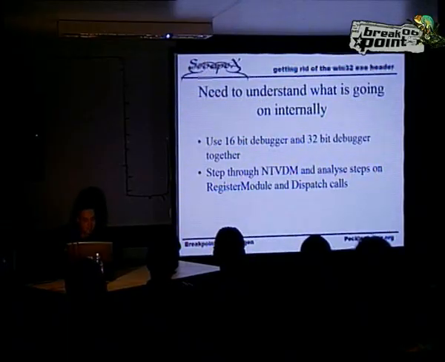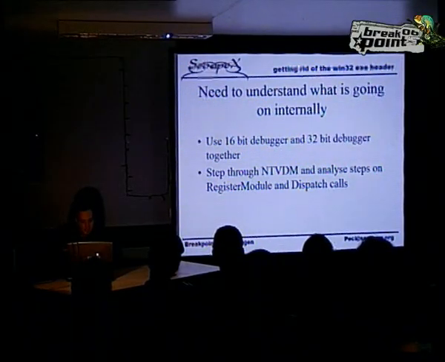But I didn't give up, and I started to dig even deeper into the NTVDM, debugged those calls, and really analyzed what the code did. As I said, here I had to use a 16-bit debugger plus a 32-bit debugger together.